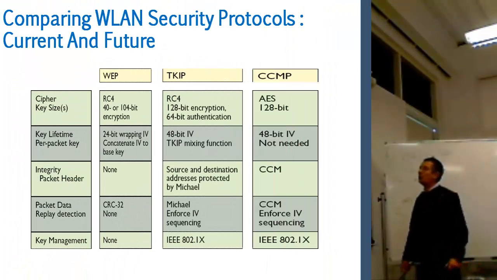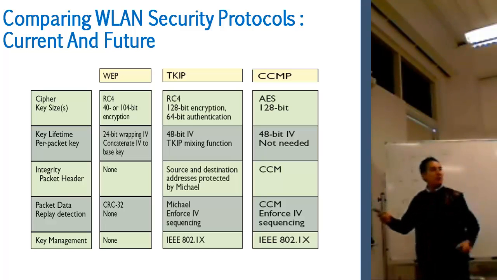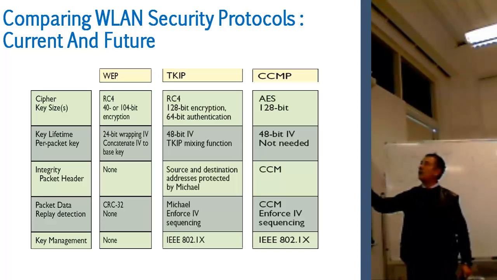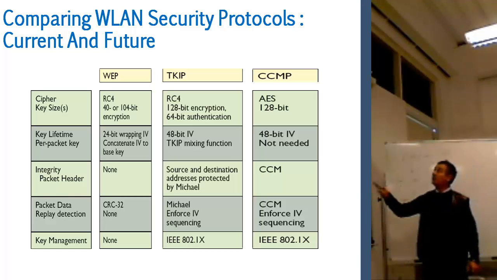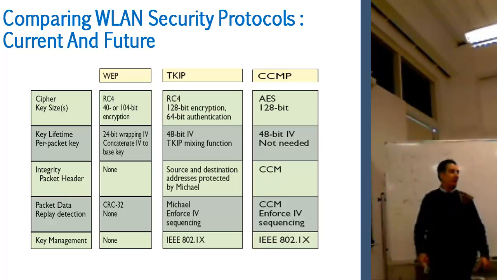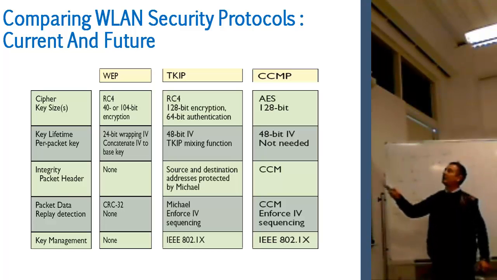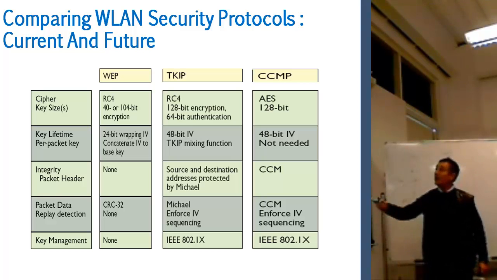So what we saw so far is this. WEP is using the RC4 algorithm, with 40 or 104-bit encryption keys. TKIP, again RC4, 128-bit encryption, but with key mixing, the actual stuff is the same, and 64-bit authentication. For CCMP, AES, 128-bit key size.